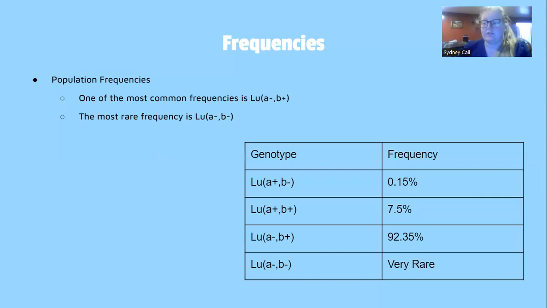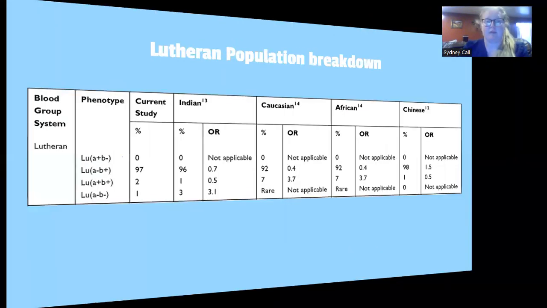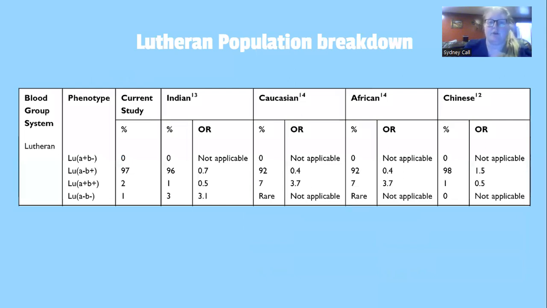So the Luthern system's antigenic expression is highly variable among individuals. The antigen development starts at an early age and has poor expression of these antigens until about 15 years old, and then it'll just continue to become stronger and stronger. So here is a population breakdown of the Luthern phenotypes.